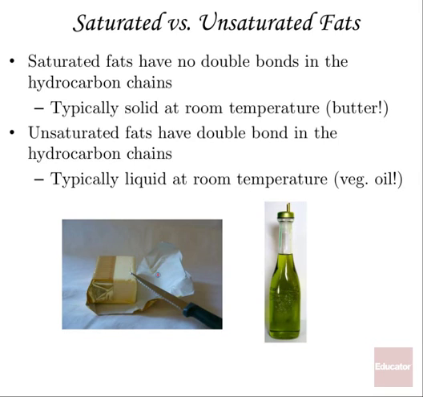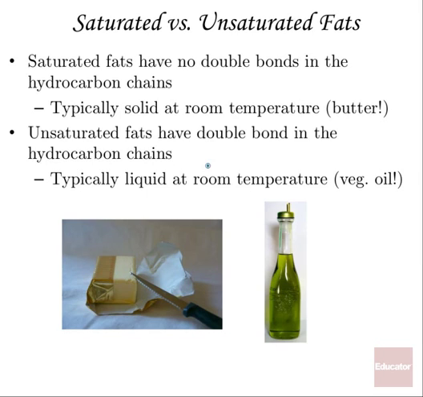Unlike unsaturated fats, which have at least one double bond in the hydrocarbon chains, and the double bonds make it kink. Here's the example I'd like to use for that. Here's a flat piece of paper, which, like I said earlier, if it was saturated fats, they could be stacked really close together. But imagine I make it bendy like this. Now these are representing those double bonds causing kinks in the chains.